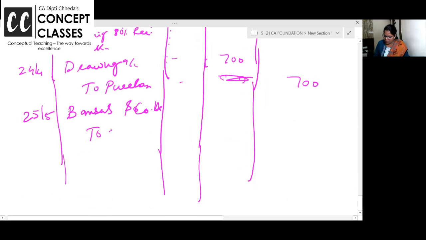To Mittal and Co. It's like bank to Mittal and Bansal to bank. This will be more clear in the other transactions. Clear to all of you? Bansal and Co debit because they are receiving. Mittal and Co credit because they are giving.